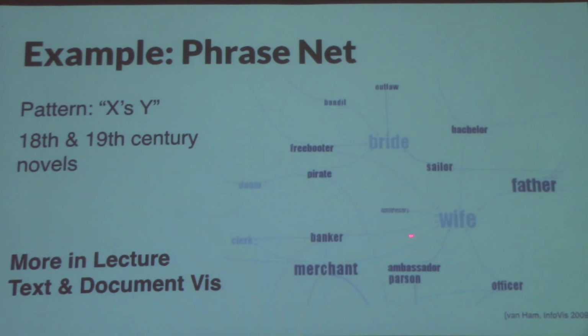So here we can see the banker's wife, the ambassador's wife, the father's wife, the merchant's wife, but the freebooter's bride, the pirate's bride, the bandit's bride. So these shaded characters don't seem to be married, they seem to have brides, not wives. This is the kind of thing that you can do with this kind of visualization. So more on this will be in the lecture on text and document visualization.